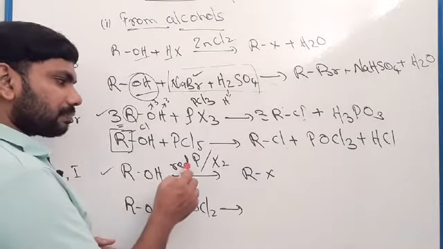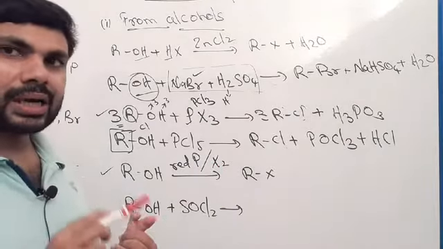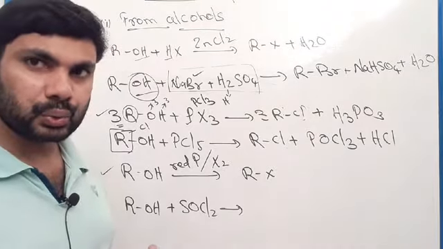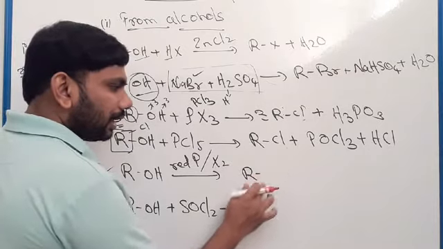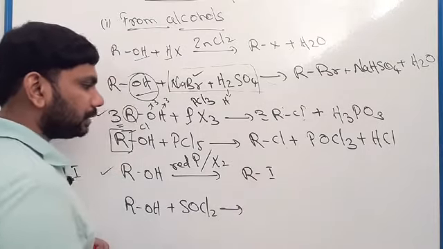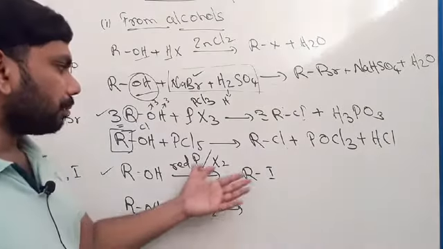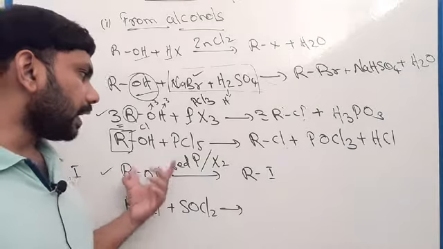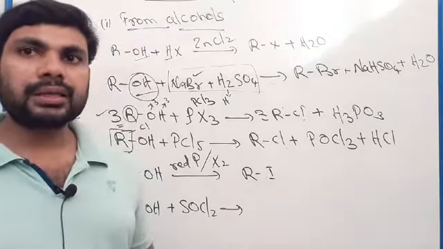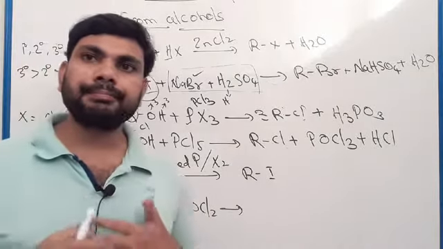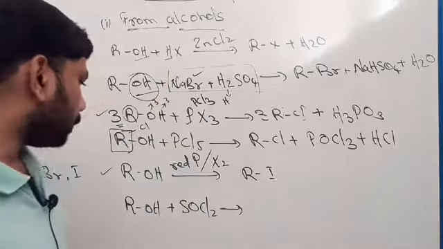When you choose I2, RI, alkyl halide will be the product. Here no need to remember the side product. Alcohol reacted with red phosphorus and Br2 gives alkyl bromide.